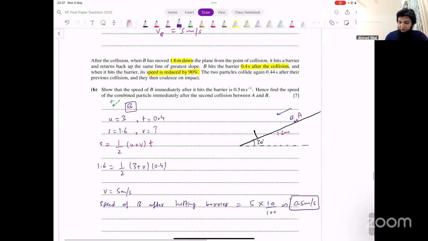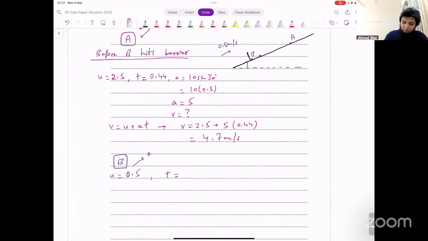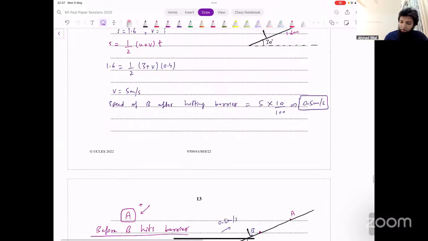It hit the barrier 0.4 seconds after the collision. I should have highlighted this as well. It hits the barrier 0.4 seconds after collision, and then the two particles collide again at 0.44 seconds. So how much time does B take to travel from the barrier to the point of collision now?